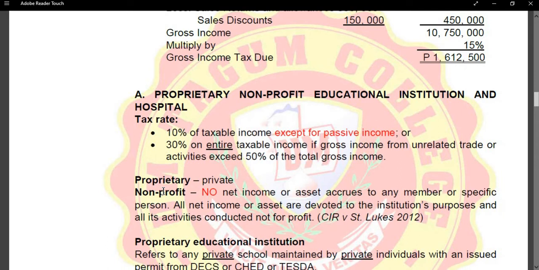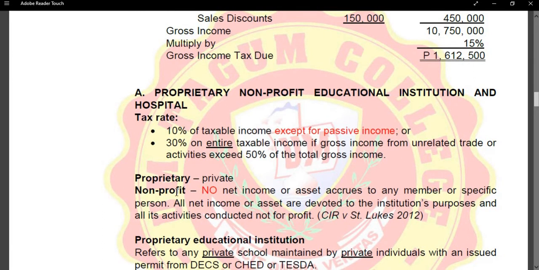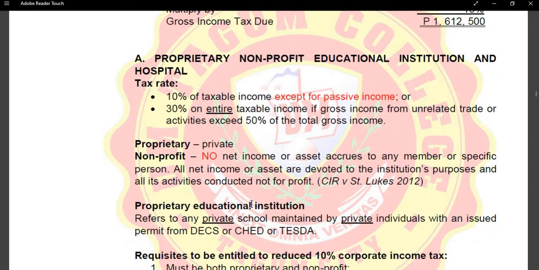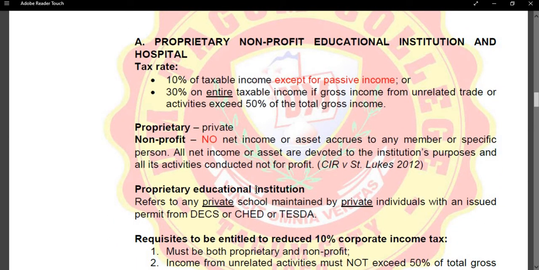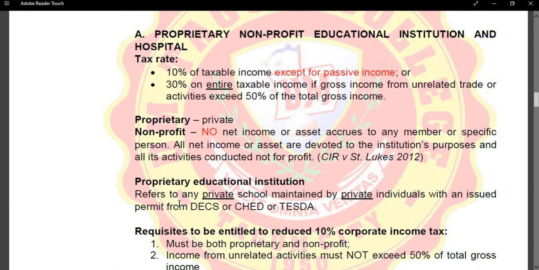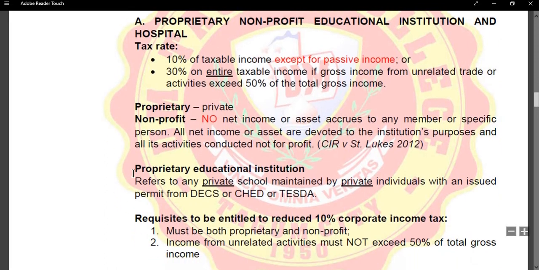Proprietary or private non-profit means no net income or asset accrues to any member or specific person. All net income or assets are devoted to the institution's purposes and all its activities are conducted not for profit. A proprietary educational institution refers to any private school maintained by private individuals with an issued permit from the CHED or DepEd. So these are the definitions of a proprietary educational institution.